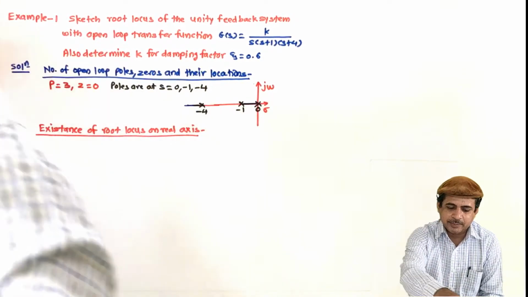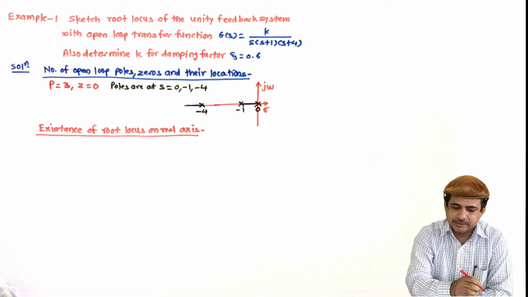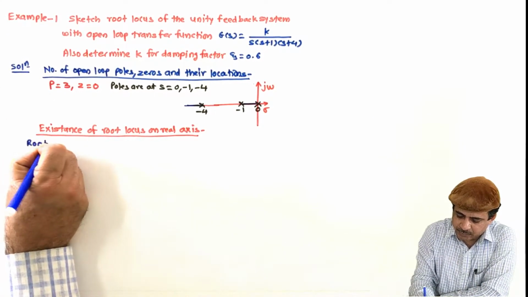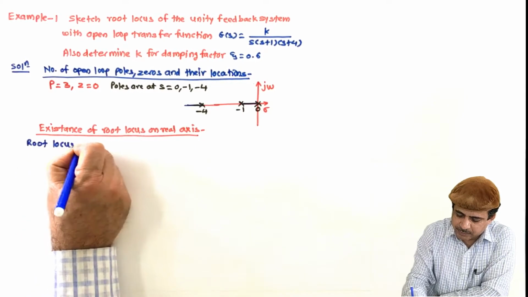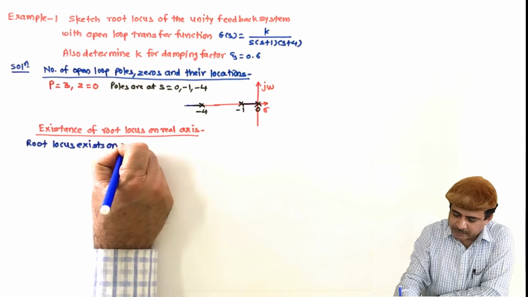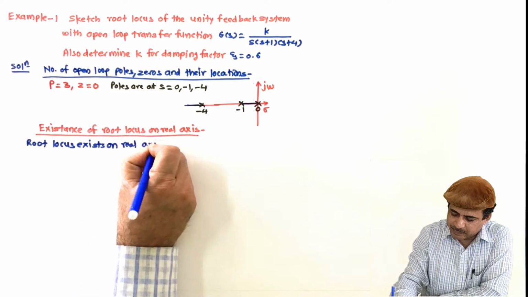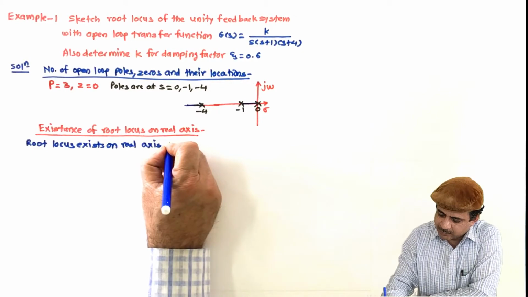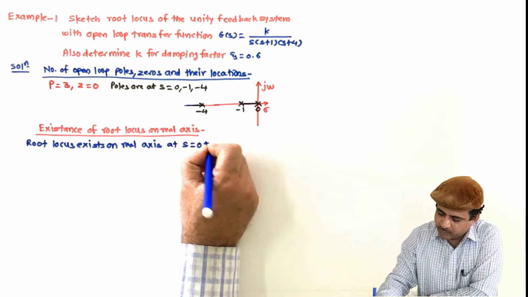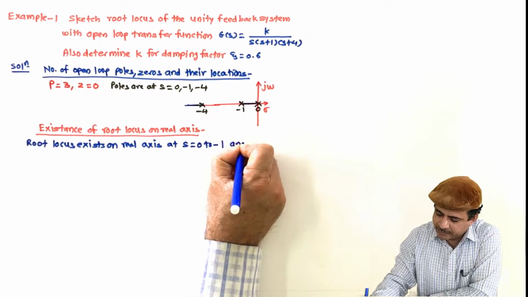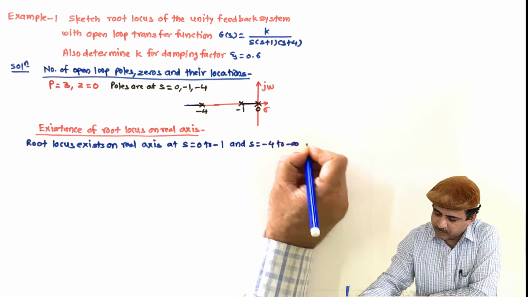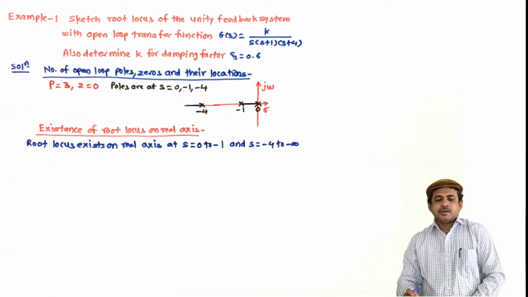So we have identified the region, and that is, root locus exists on real axis at s equal to 0 to minus 1 and s equal to minus 4 to minus infinity.